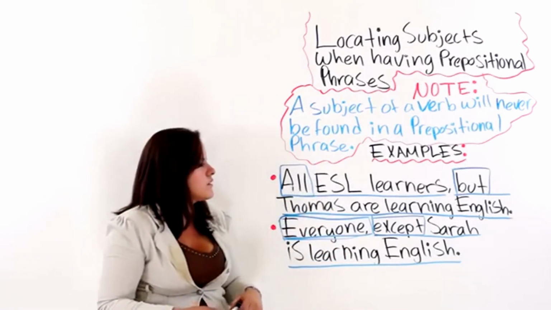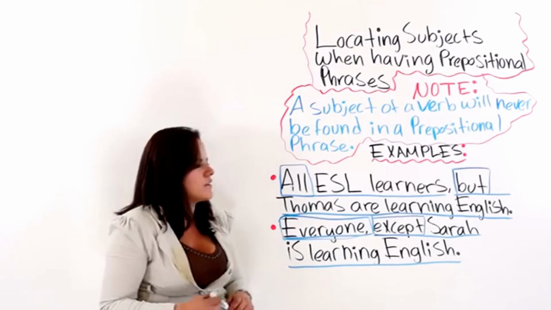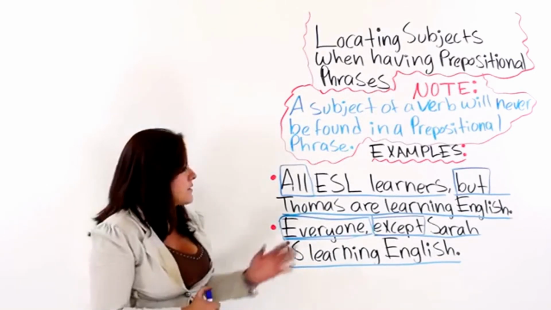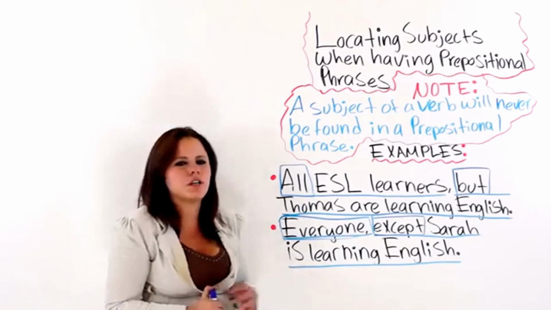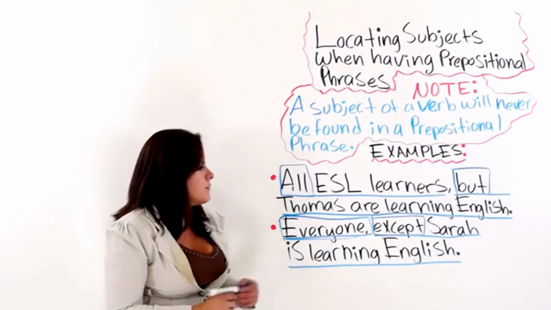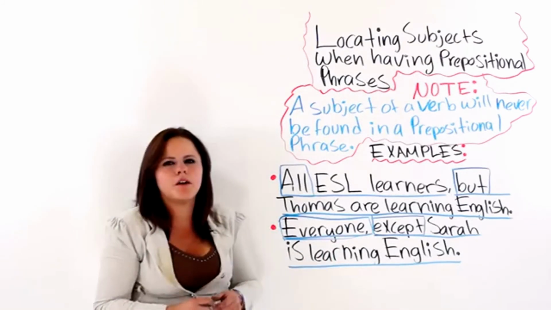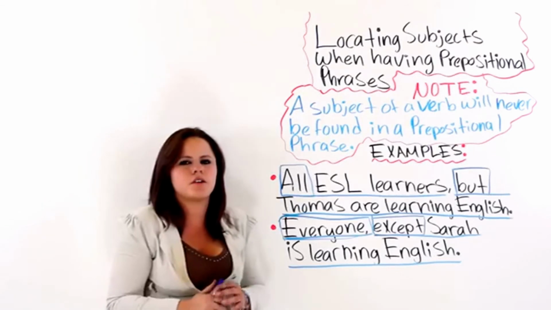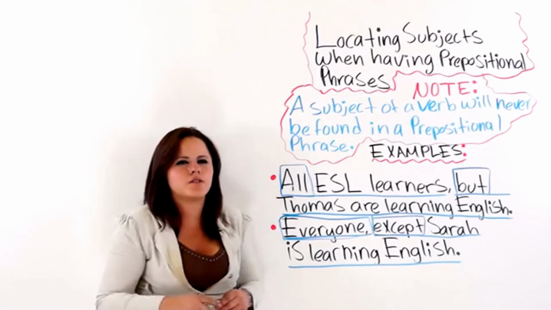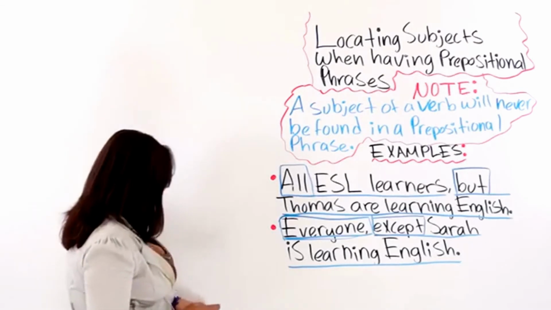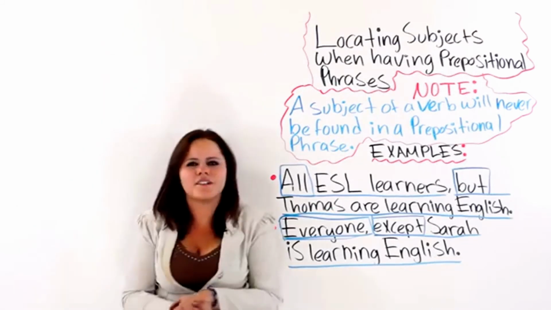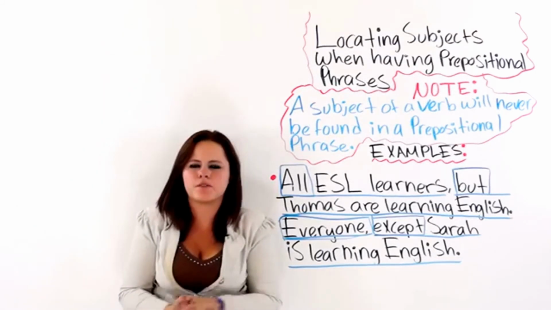All ESL learners but Thomas are learning English. Alright? Some are less recognizable. Also between, okay, but, except, among. Some prepositions are kind of hard to recognize. But you can get a list from a dictionary or from the net.